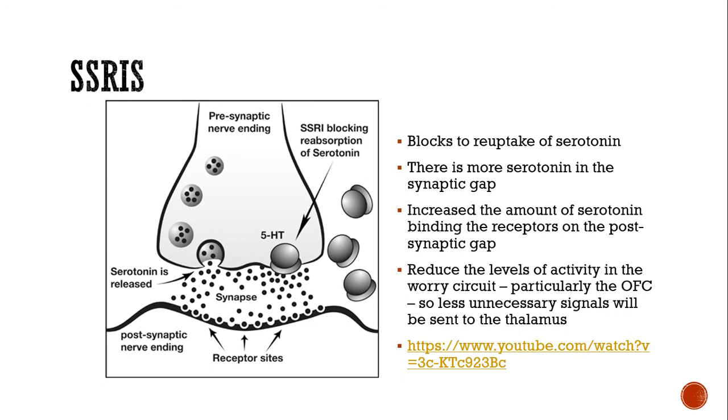If you're completely lost by all of that, then there is the YouTube link below, which really breaks it down, which is extremely useful and I can't encourage it enough. So revise synaptic transmission in general, and then revise SSRIs. It's dead easy.